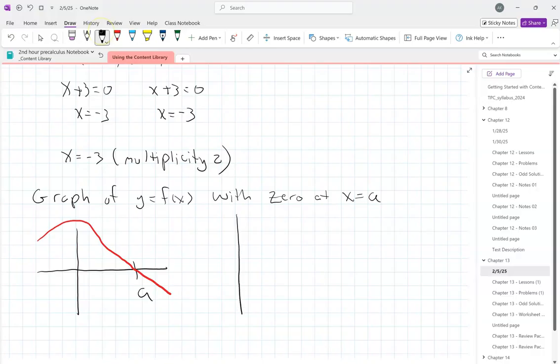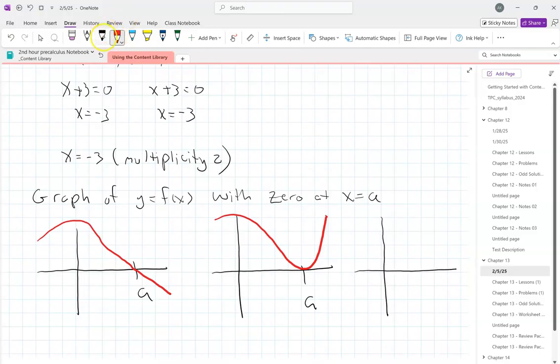Depending on how that 0 occurs, I can tell the multiplicity of that 0 just by looking at the picture.